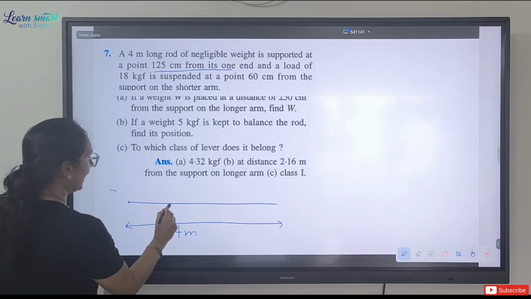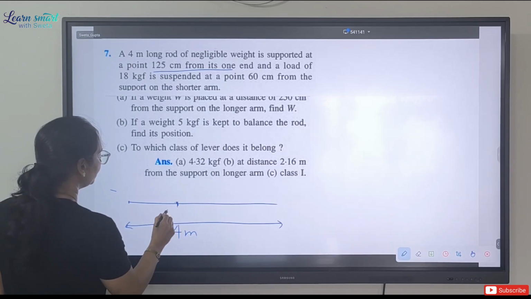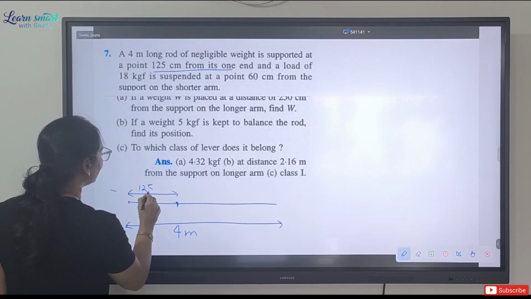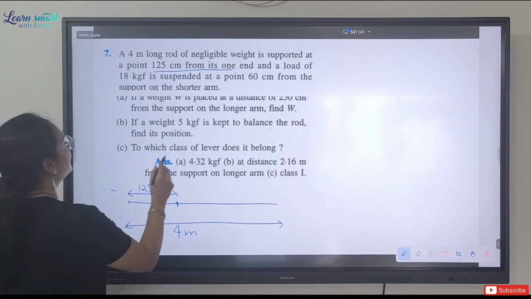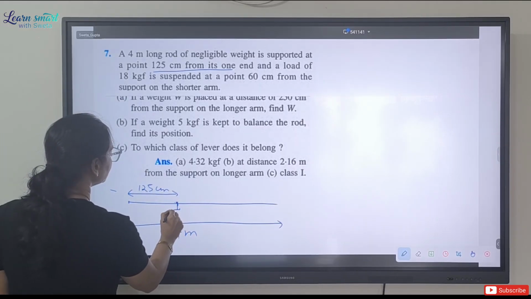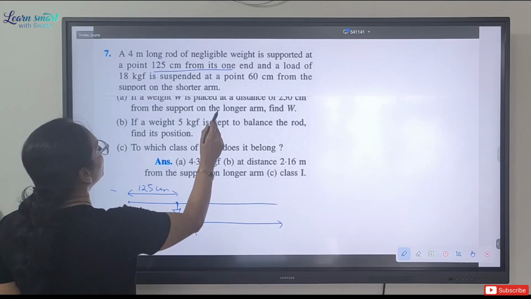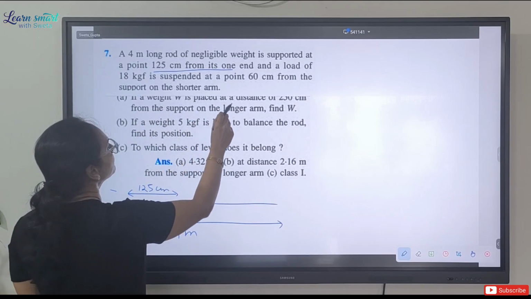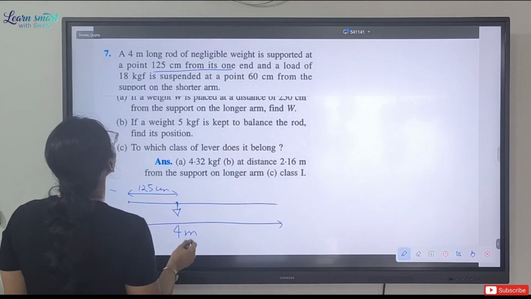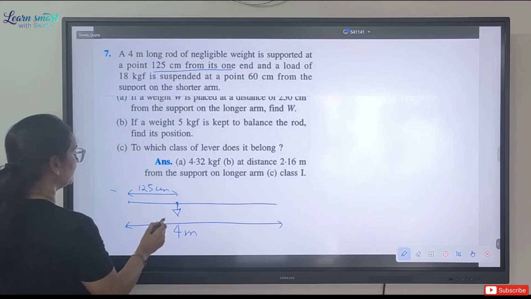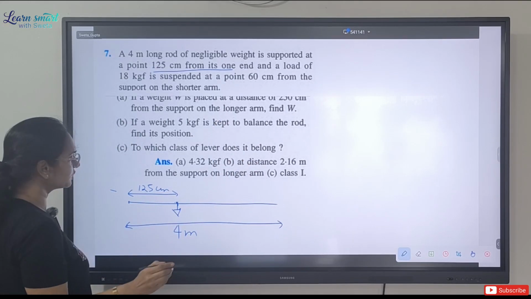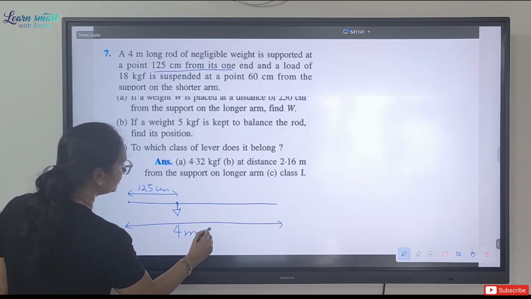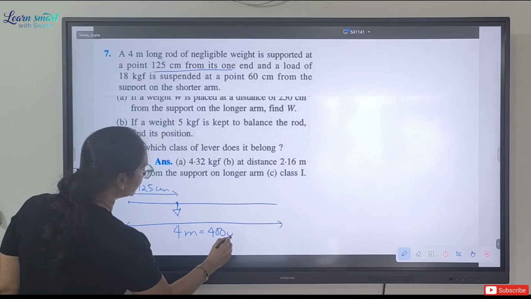This is one end, and let's say this distance is 125 centimeter. And it is supported, which means the fulcrum is here. So first of all, this is 125 centimeter and this is 4 meter. 4 meter means 400 centimeter.